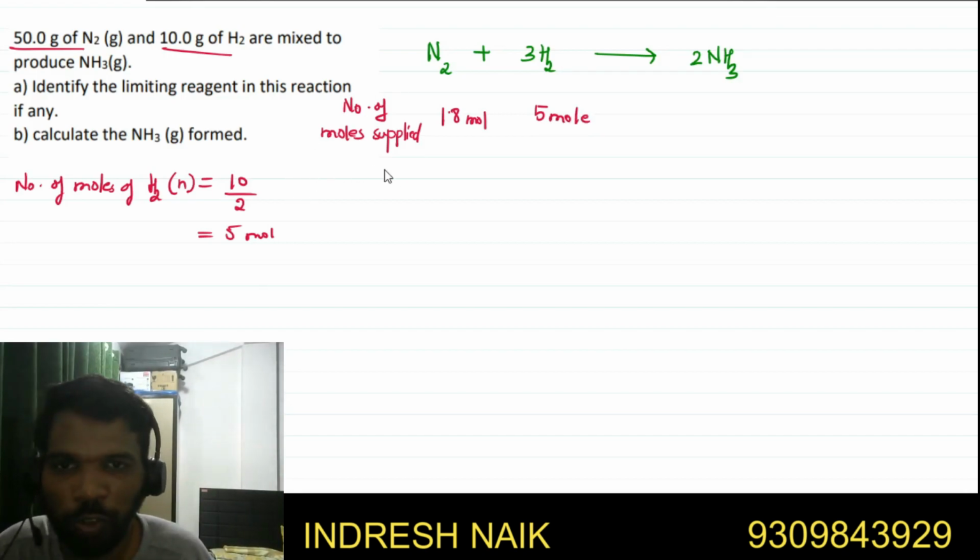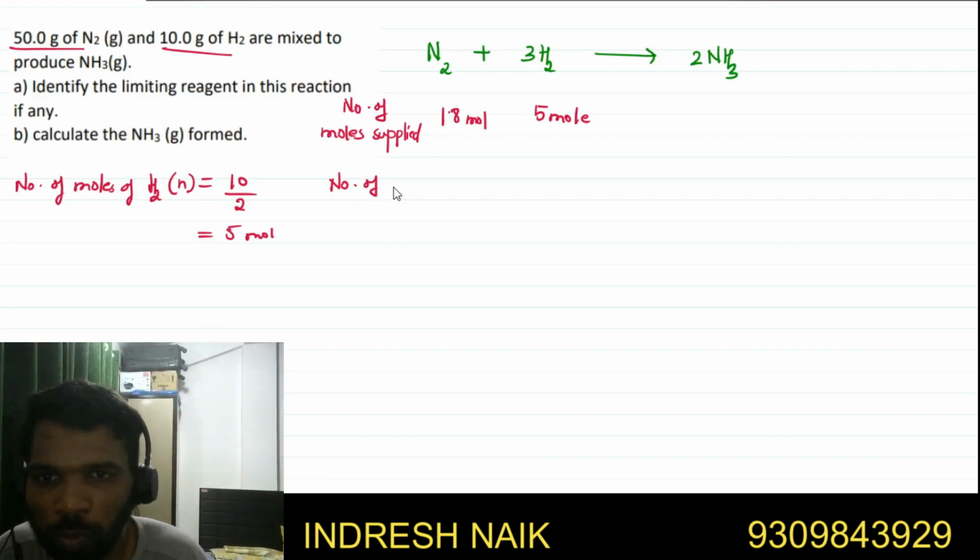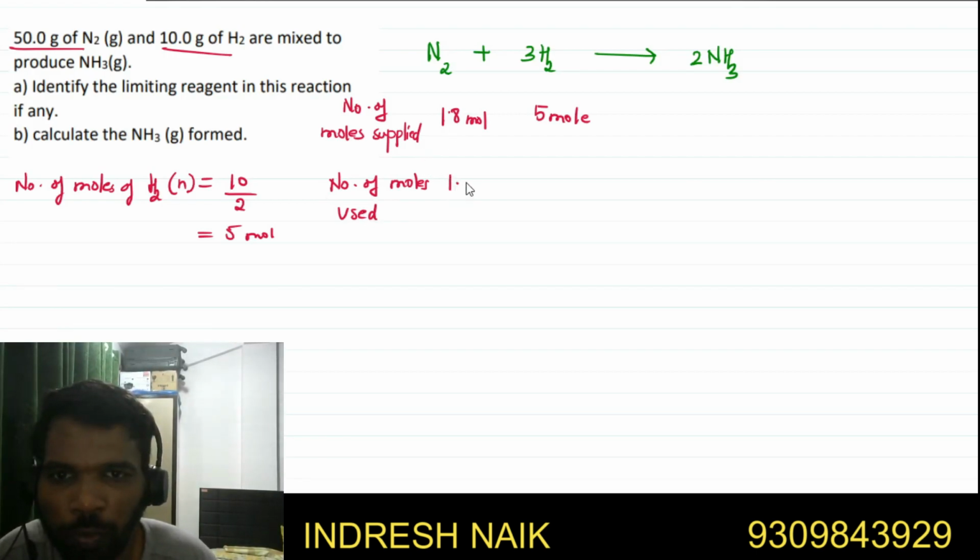How much will be used? Okay, number of moles used will be what? If this is 1.8 mole, do this simple calculation: how much should this be? It should be 3 times of this. If you are using 1.8 mole of this, it should be 3 into 1.8, right?